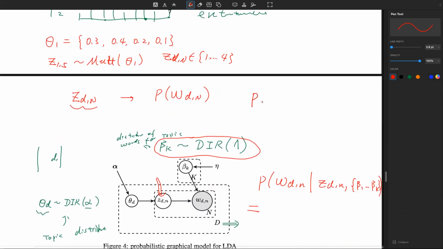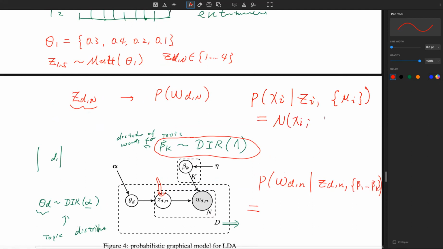So remember, we say P of Xi conditioning on Zi and also the parameters, like let's say mu I. And what did I say about the probability? It's a Gaussian distribution of what? mu zi, yeah? Okay, let's look at the same story here.